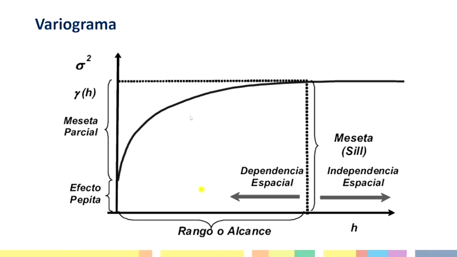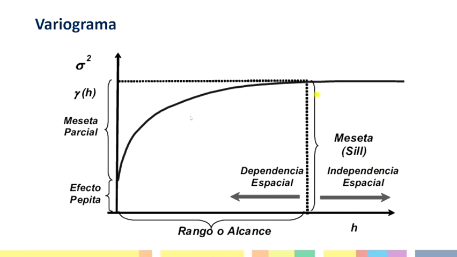If I have further neighbors, the capacity to explain the correlation starts to decrease until a point that's called the range, where the value stops increasing as a function of the distance. After that point, we have spatial independence.